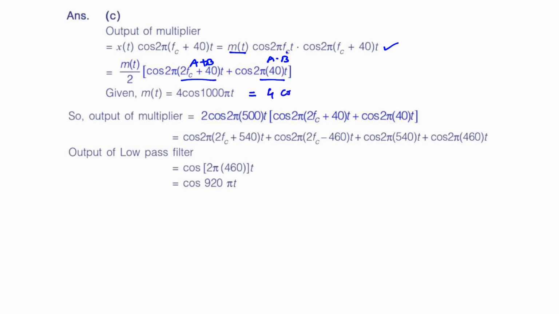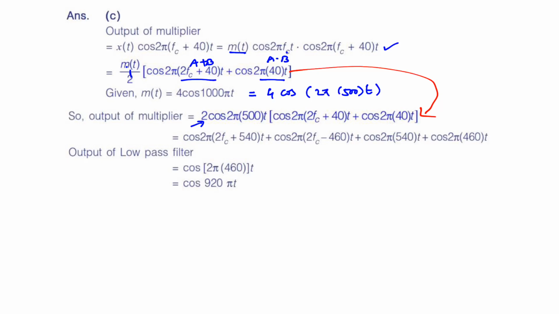So 4 cos 2 pi 500 t, because 500 into 2 is 1000, so the message signal frequency f is 500. Since it is m of t by 2, 4 by 2 becomes 2. So we get 2 cos 2 pi 500t cos 2 pi (2fc plus 40) t plus cos 2 pi 40t. Same as what we had, reproduced.